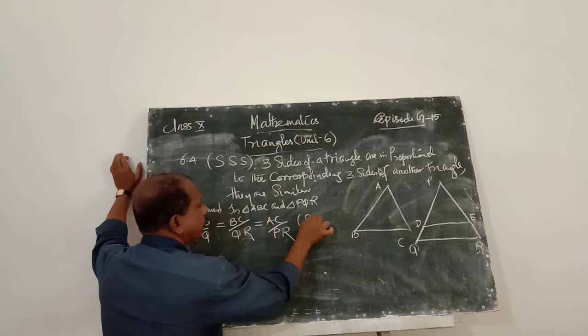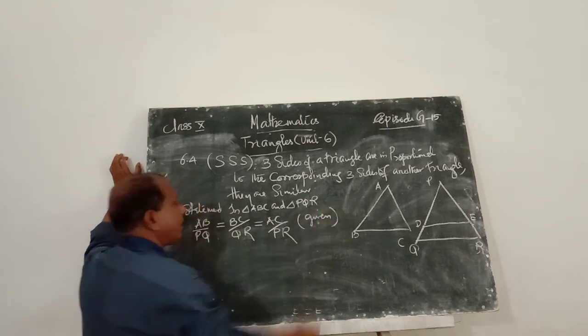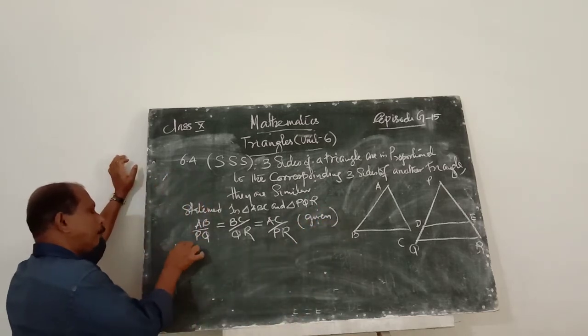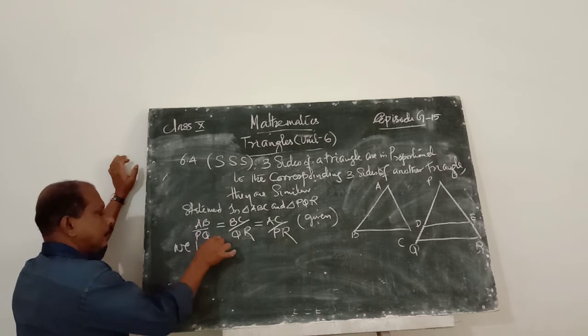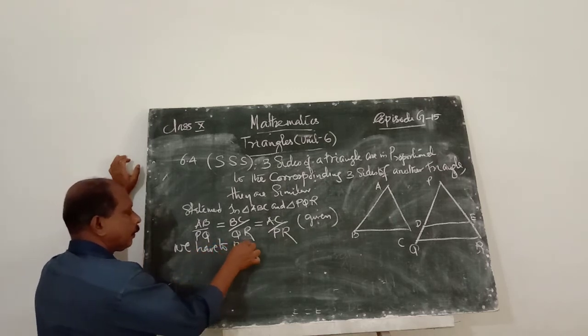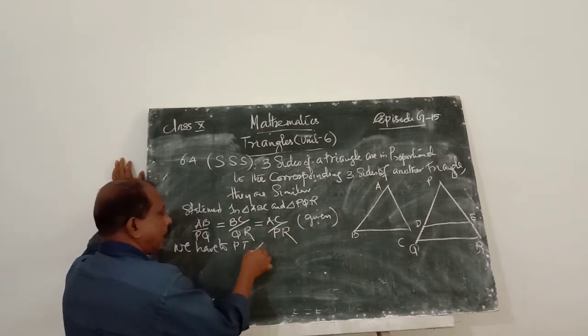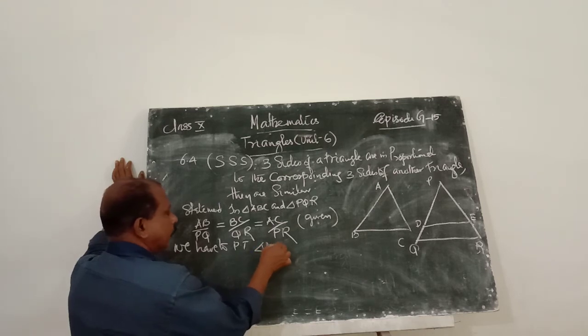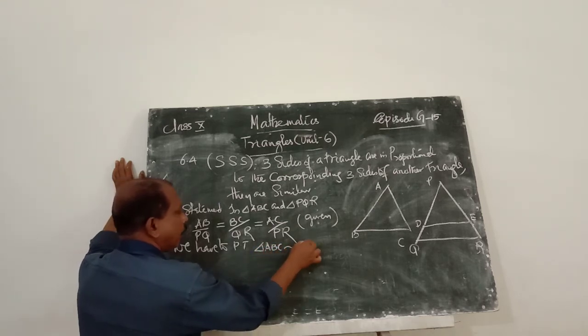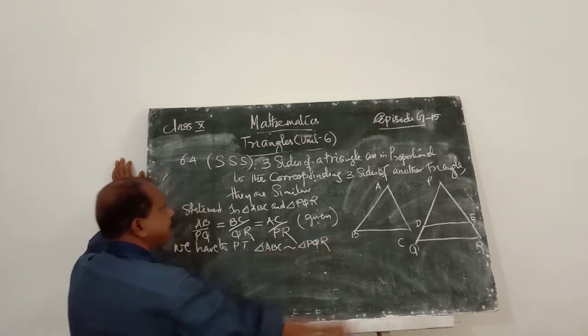That is given. We have to prove that triangle ABC is similar to triangle PQR.